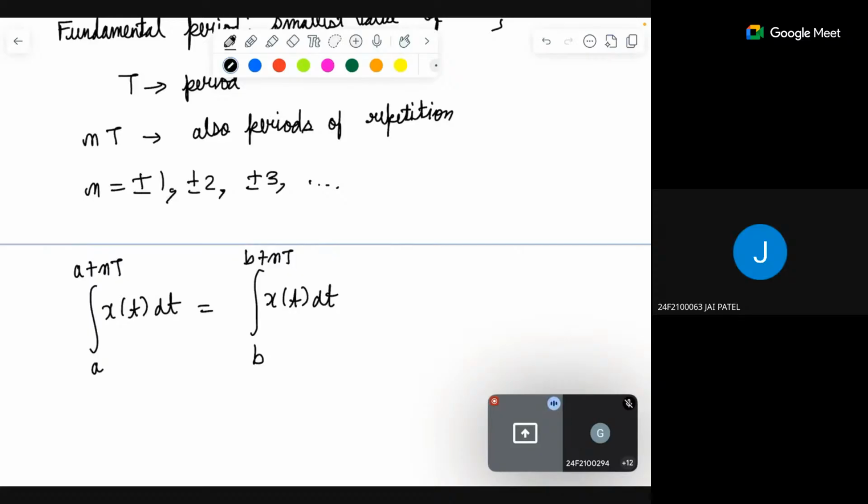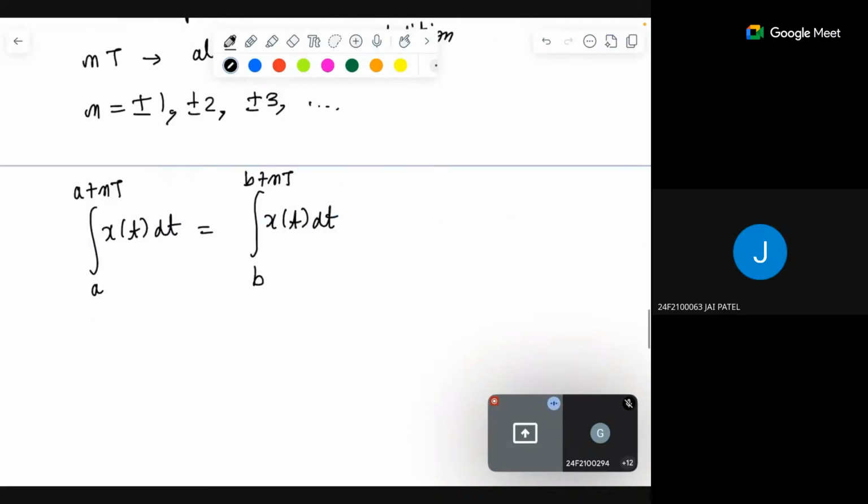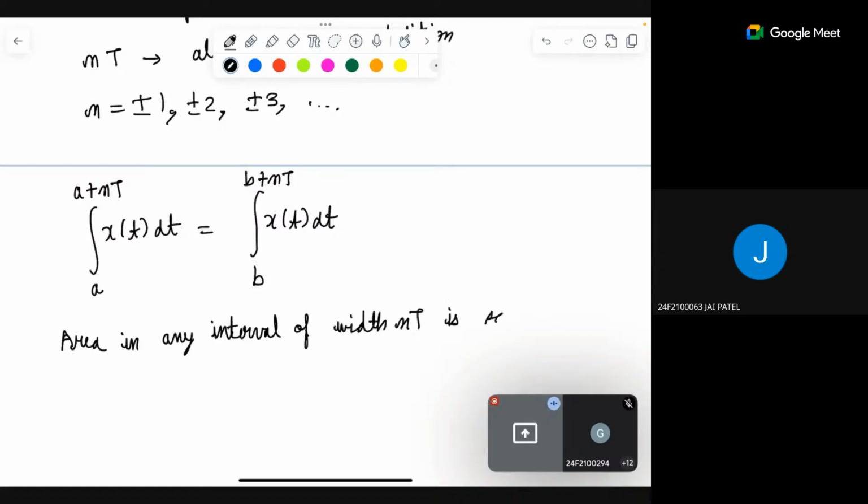So area in any interval of the same width will be the same. Area in any interval of width nT is the same. So if it is a time period or an integer multiple of time period, and in that width we calculate the area, that will be the same. Okay, is that fine? Yes, ma'am.